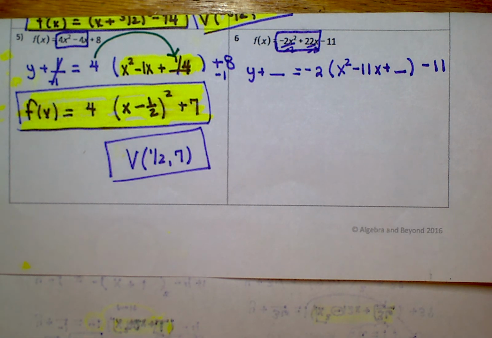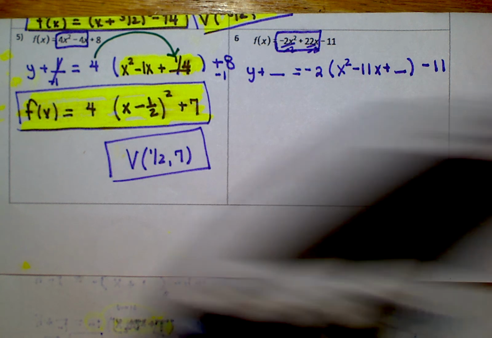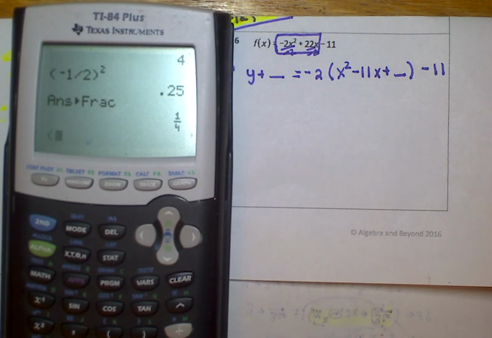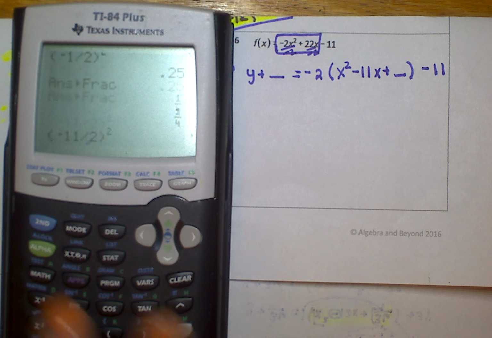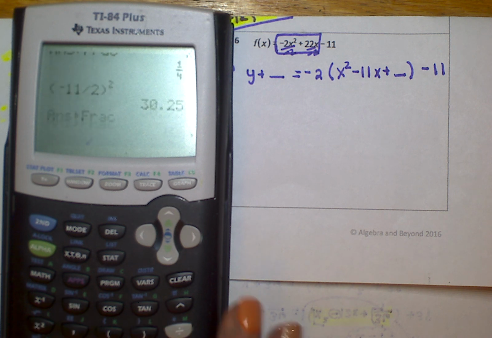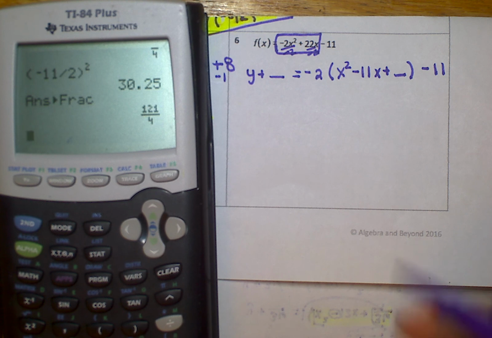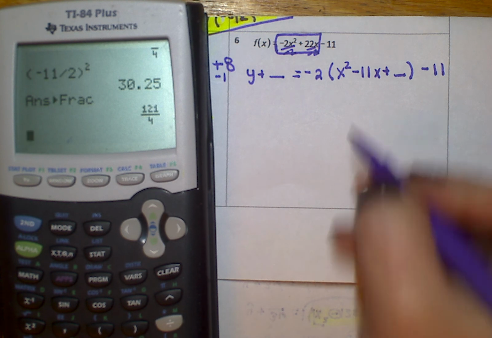Okay, go ahead and take half of your middle term and square it. And we'll change it to a fraction. So I have 1/2, 1/4.